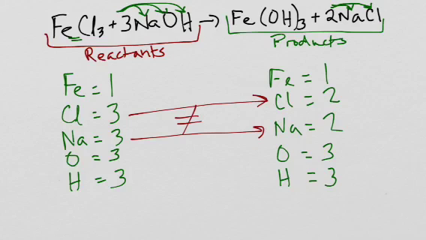Because you need to have the same kinds of elements and you need to have the same number of each atom. So if I asked you on a test, does this equation prove the law of conservation of matter? Yes or no? Explain. You would work this out like this.